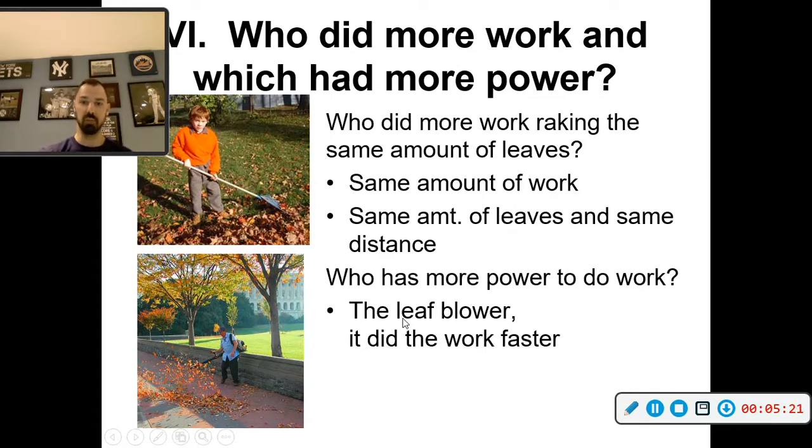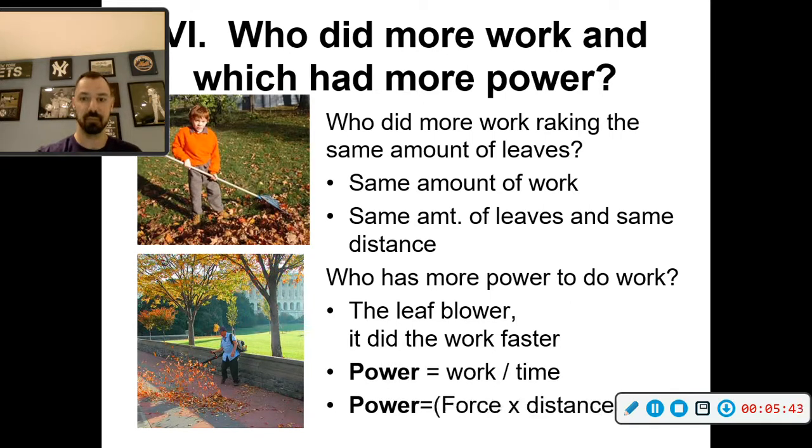But who had more power? The leaf blower, because it can potentially do the work faster. It can move those leaves at a faster speed, so it's the same amount of work done in less time, and therefore it has more power behind it. Because work divided by time is power.